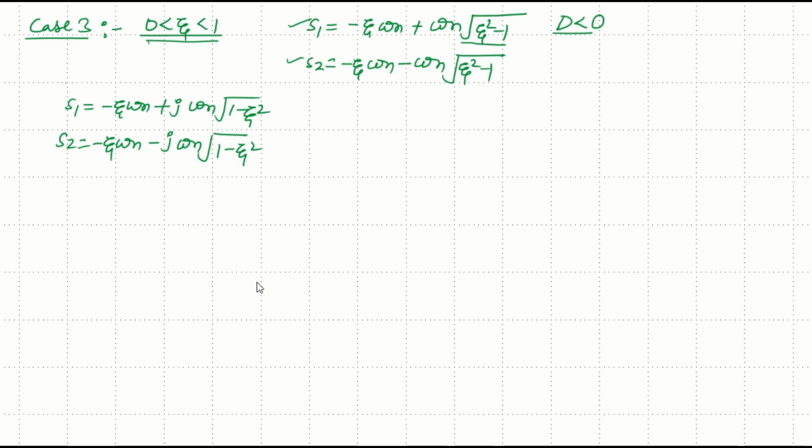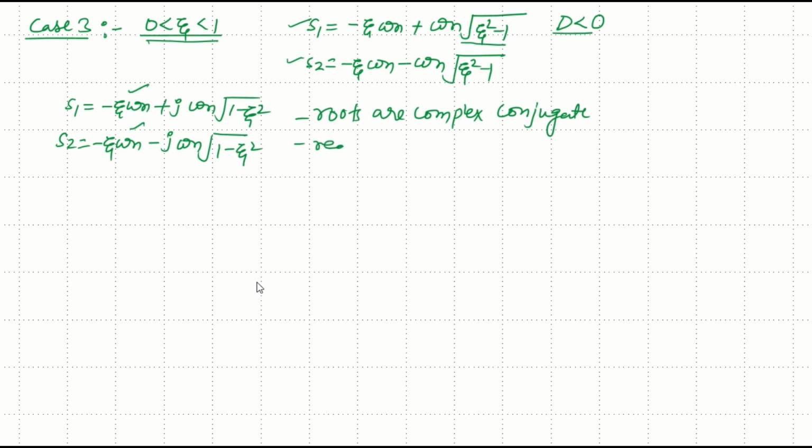So in this case we get complex roots, rather complex conjugate, but the real part of the roots will be negative.